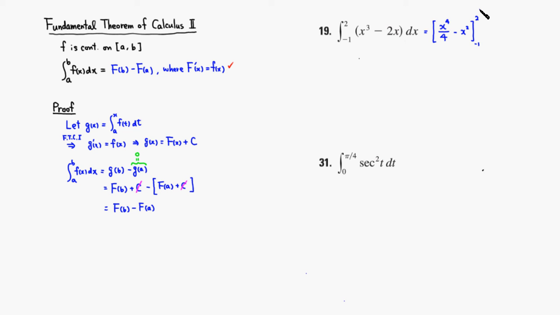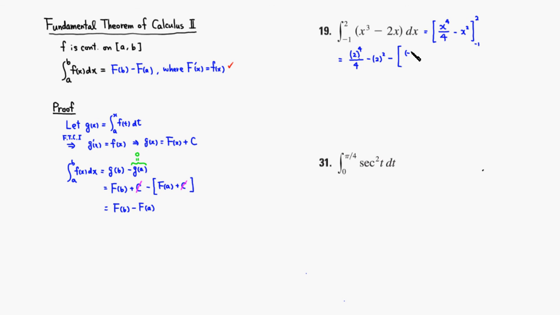Then what we want to do is plug in the top number first, the upper limit first. So plug in 2 to the 4th power over 4 minus 2 squared. Then minus, plug in the bottom number, so I'll plug in negative 1.